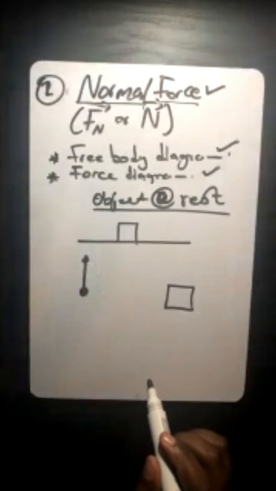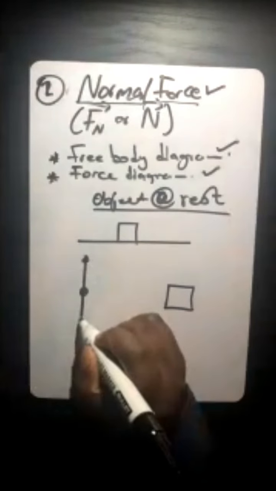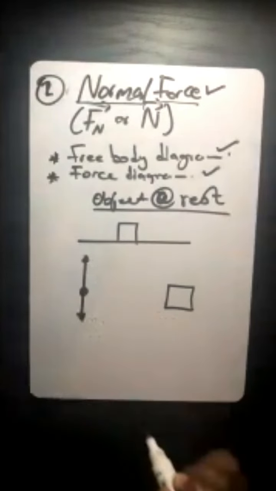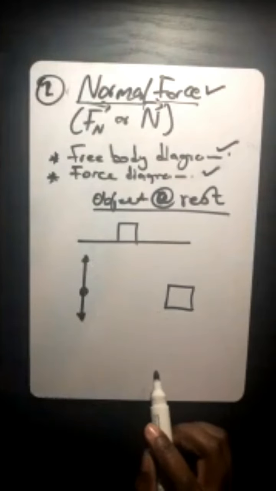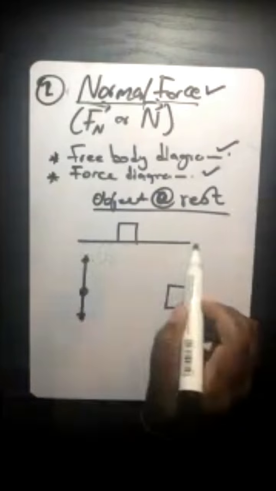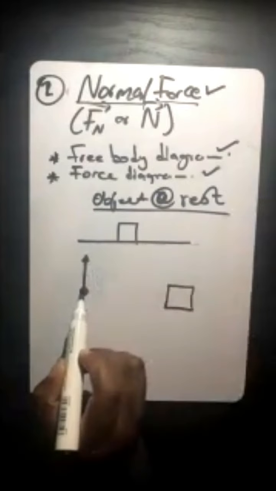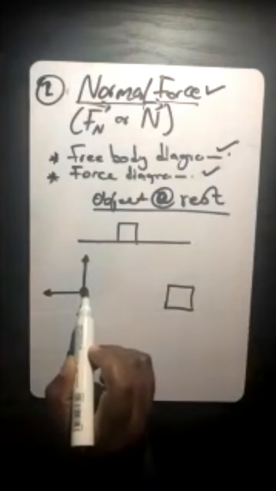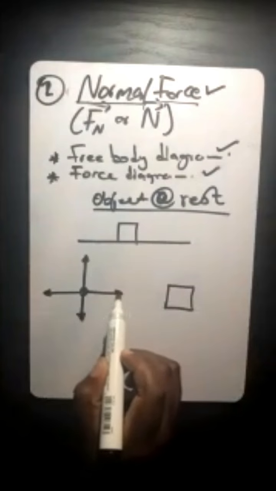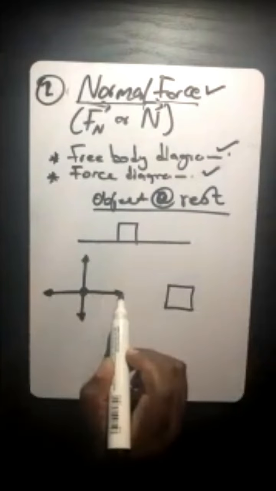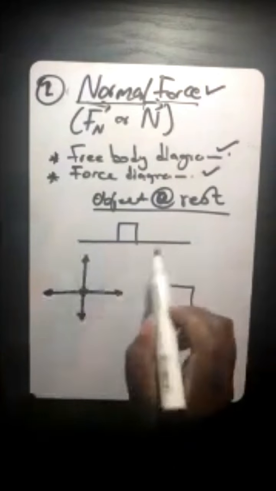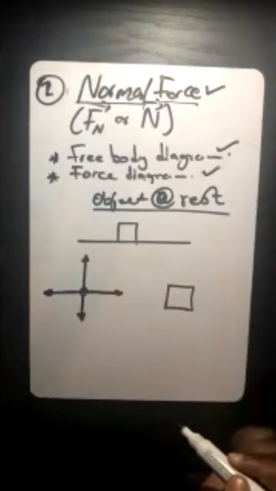So the vertical line upwards is going to represent a certain force, and the vertical line in the downwards direction is going to represent a certain force, and the horizontal line represents the surface, the vertical ones represent the forces.